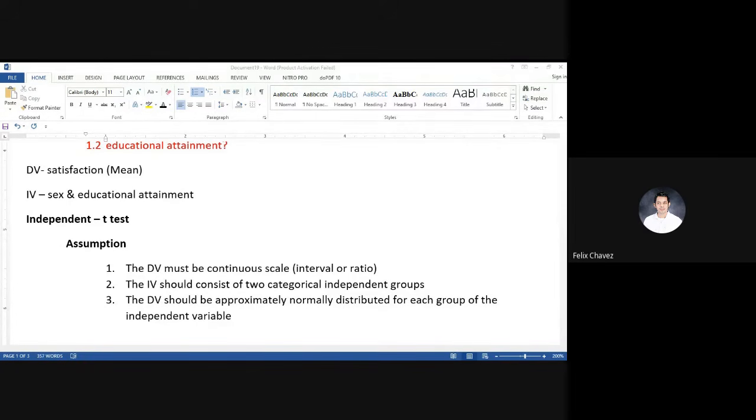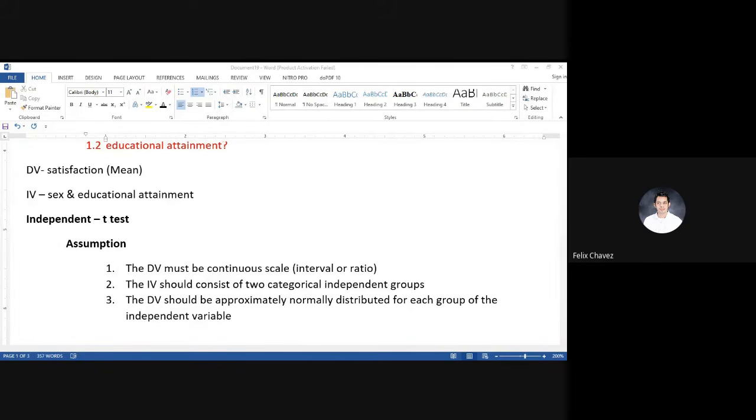So as what I have mentioned, there are assumptions that must be met if you will utilize the independent t-test because this is a parametric test. Okay? So the first assumption, the dependent variable should be measured on a continuous scale. So again, if I say continuous scale, it can be interval or ratio.